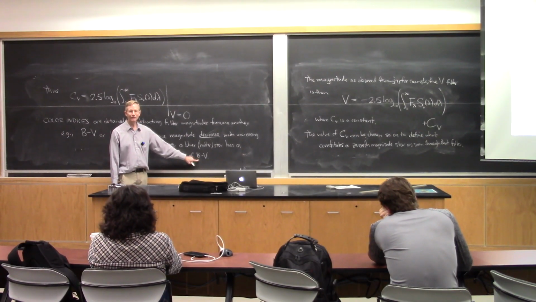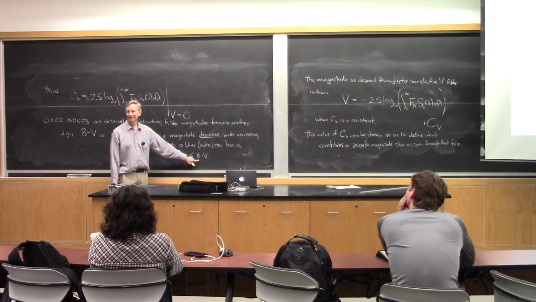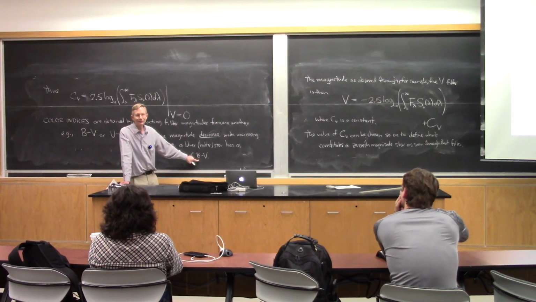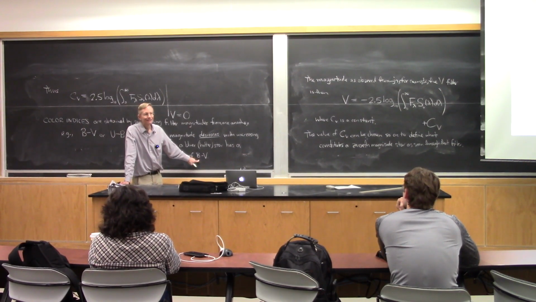What does that do to the magnitude? Does that make the B magnitude, all else being equal, bigger or smaller? How do magnitudes work? For magnitudes, a brighter star has a lower magnitude, right?